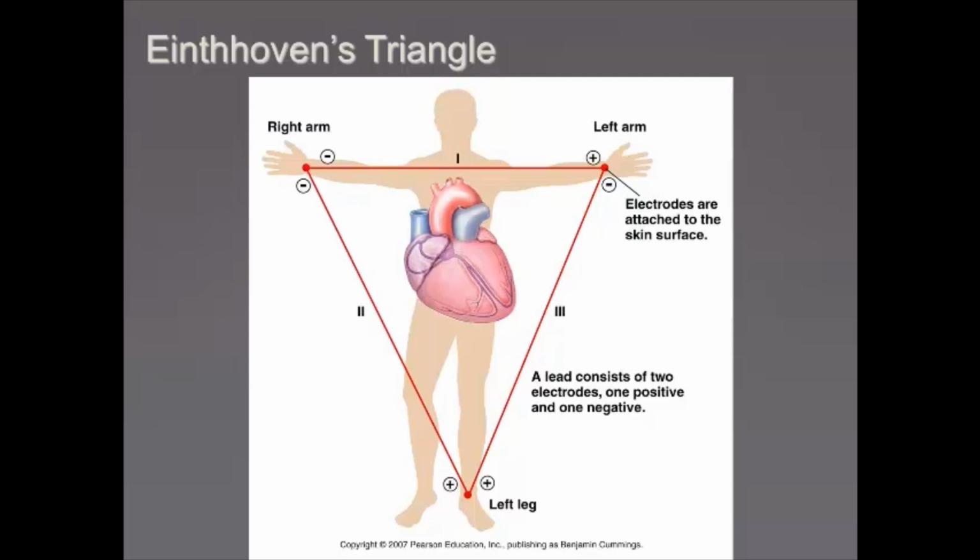What this does is it sets up 3 different dipoles, so 3 different ways that we can be running a small current through the body and see the way this current is influenced by what's actually going on in the heart. So remember Einthoven's triangle, you'll see it. It's important to understand as we look at the way that the depolarization propagates through the heart.